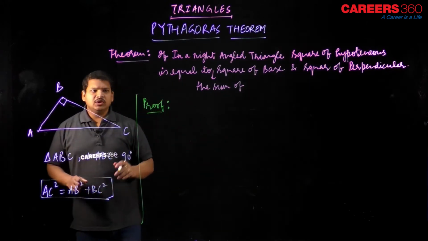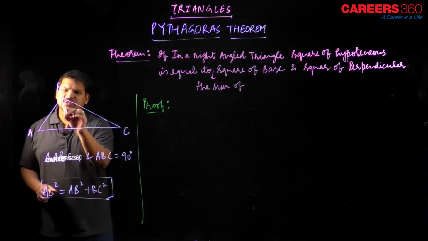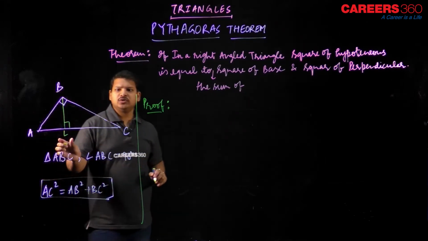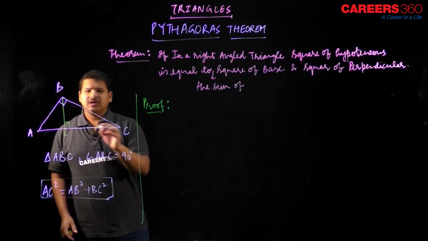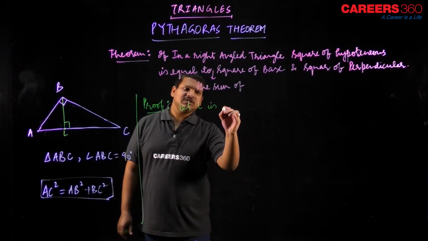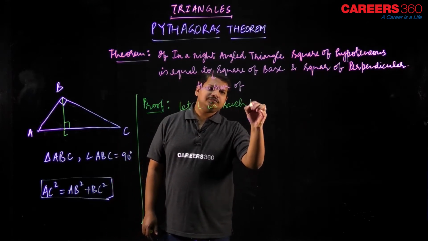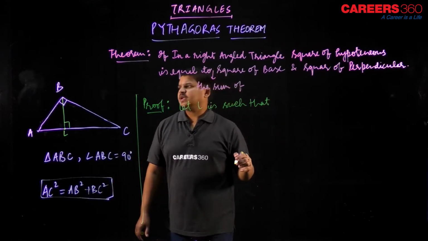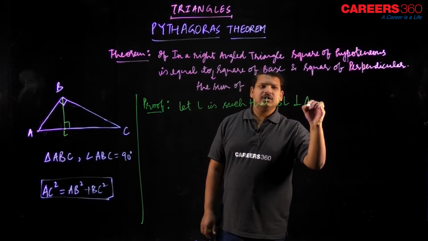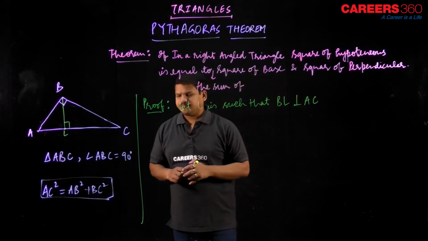Now in order to prove this, I am going to drop a perpendicular right over here, and I am going to call this point L. Let L be such that BL is perpendicular to AC.